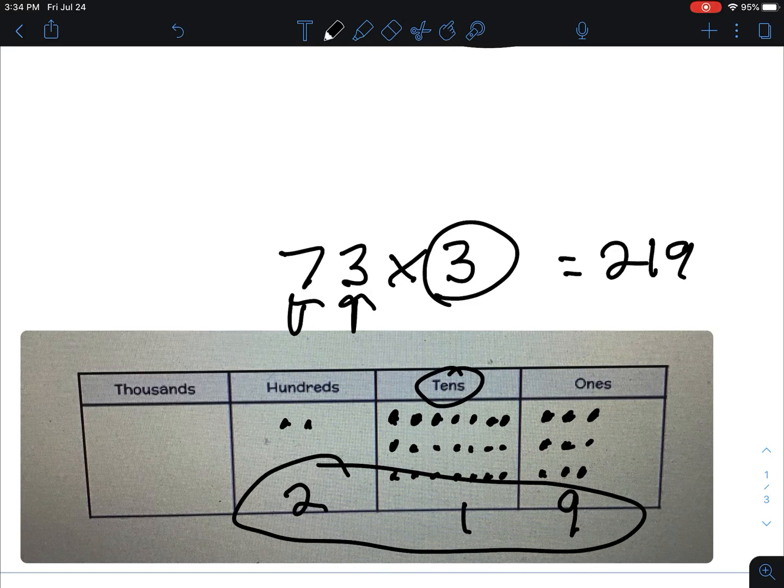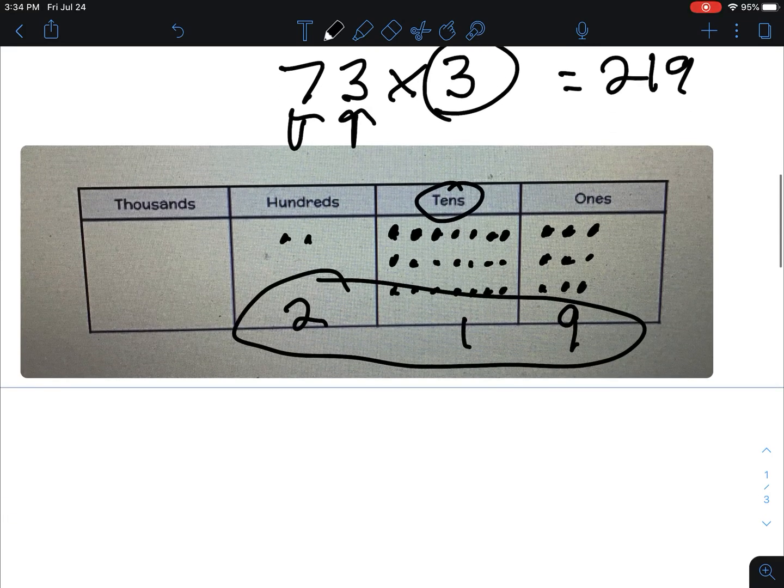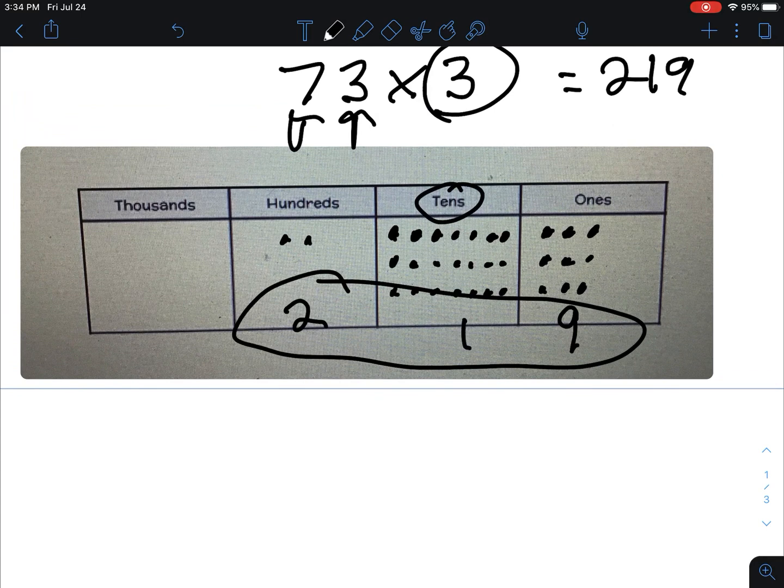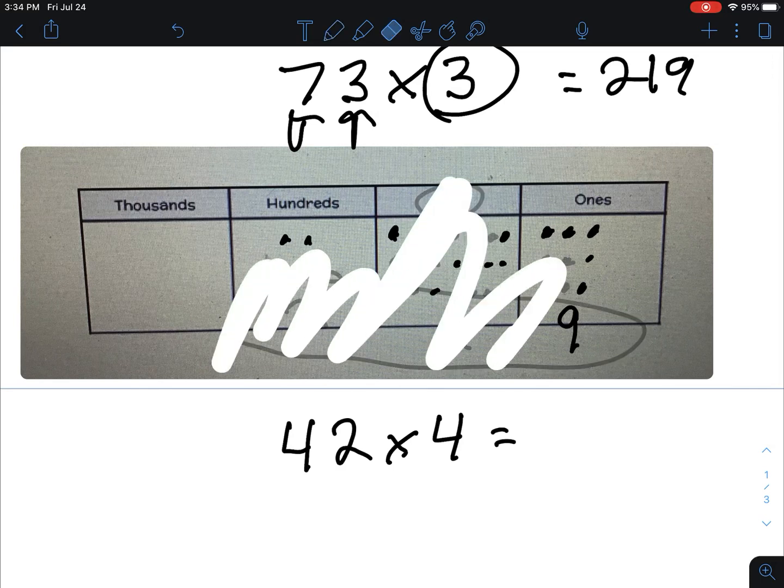You just write the numbers next to each other. It's 219. So I want you to try one like that. I'll leave this right there for you. Let's do 42 times 4. Use a place value chart and solve 42 times 4.